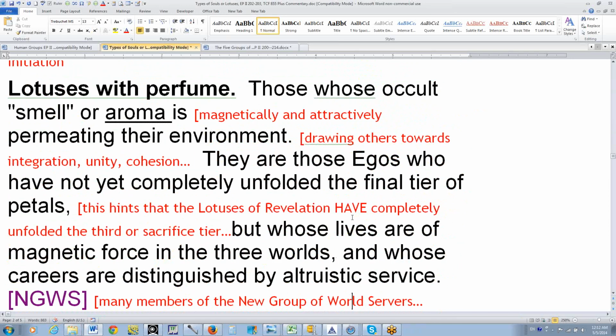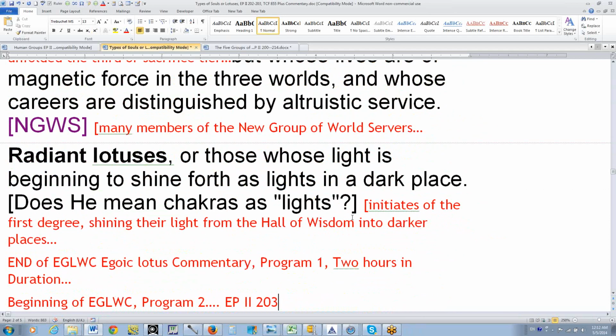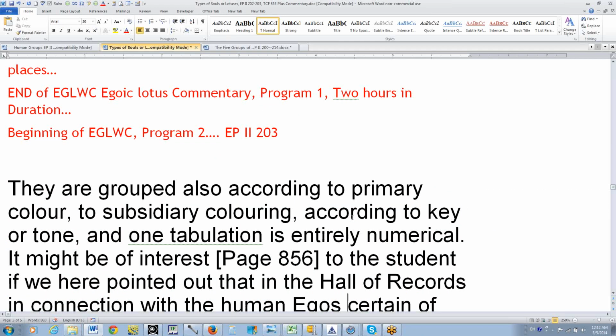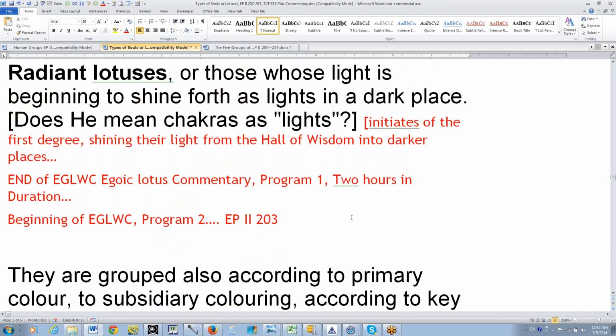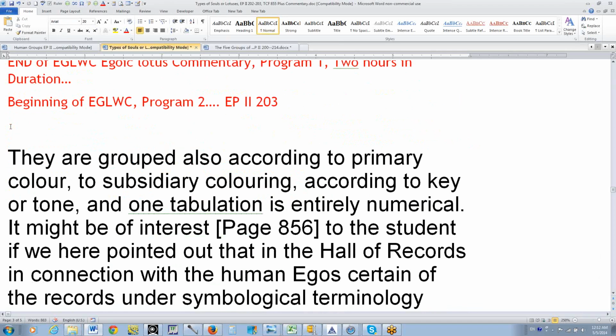All right, so now we're going to go on, and a little bit more is being said about the lotuses. They are grouped also according to primary color. Now, this is interesting when the word primary is used. And it could be a hint, because the primary colors are 3 in terms of light.